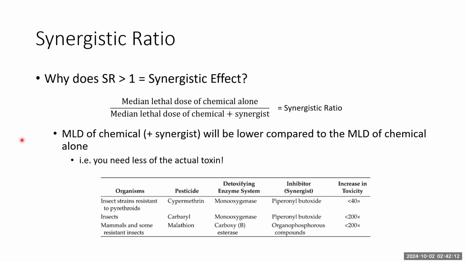Okay, so then now we have salt water. We're going to pretend that salt is our synergist. And we do a whole bunch of trials, and we find out that the LD50 of compound A, which is, remember, where 50% of our organisms are dying, we only need 0.6 units.